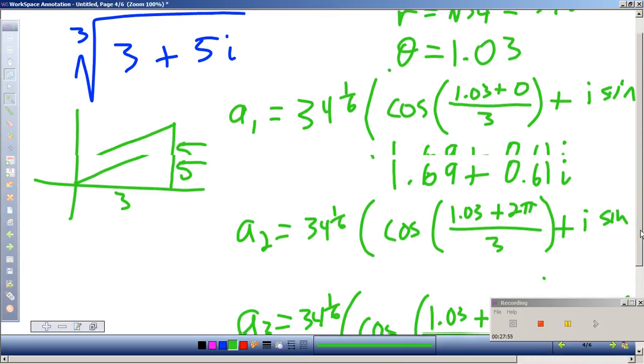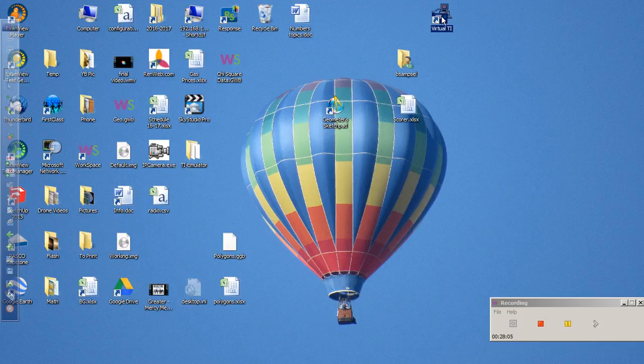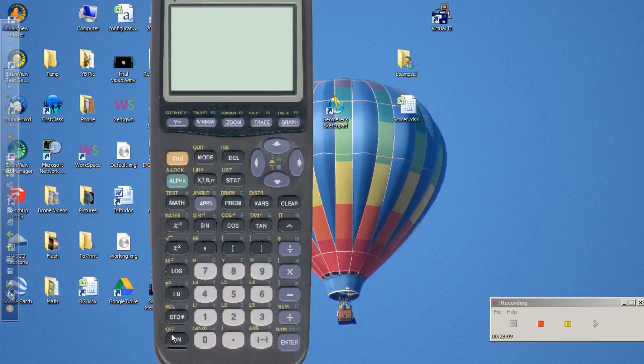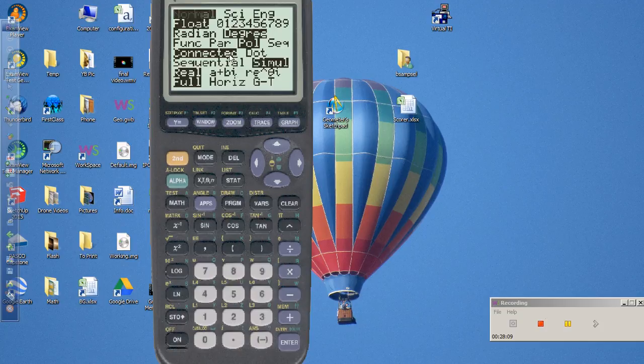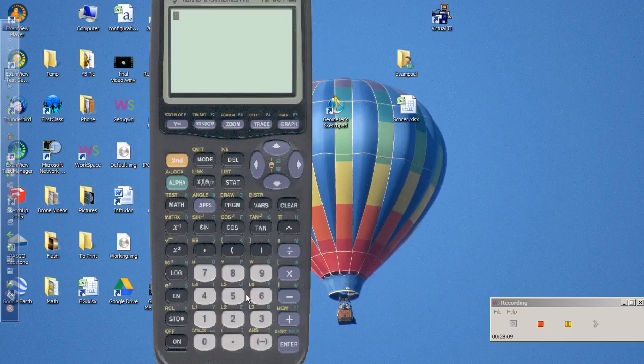Now, something to note is when you start getting these large problems, this is the same in both parts here, right? On your calculator, there are some things you can do to speed up. If you're using the same number, you don't have to input the whole thing every time. I want radian mode. The first one is 1.03 plus 2 pi, and then divide by 3.